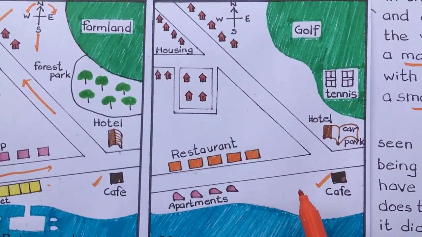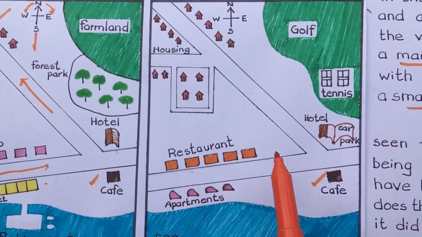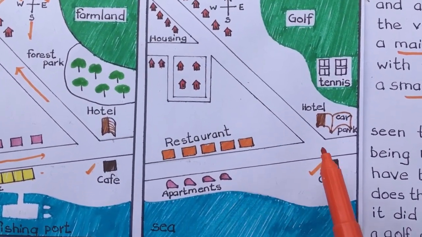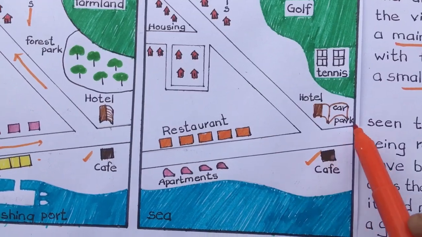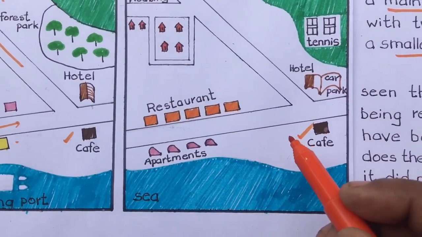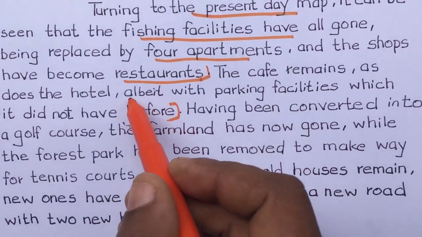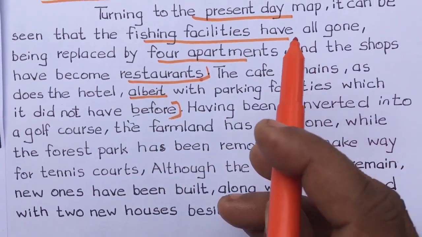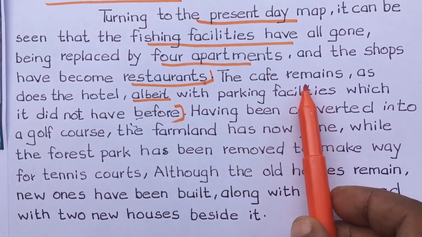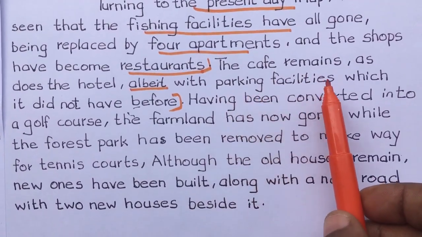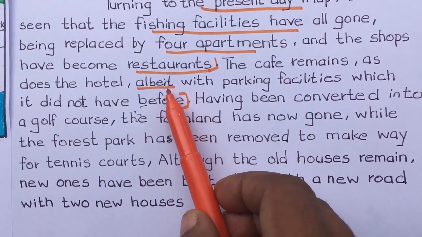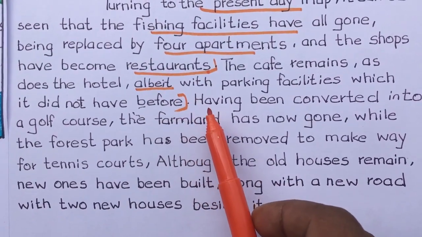So I have said that the cafe remains as does the hotel. However, this hotel added some parking facilities. I have used the word albeit because I have said about the cafe first and later I have said about the parking facilities. That's the reason I have used the word. You can use it in your academic writing.